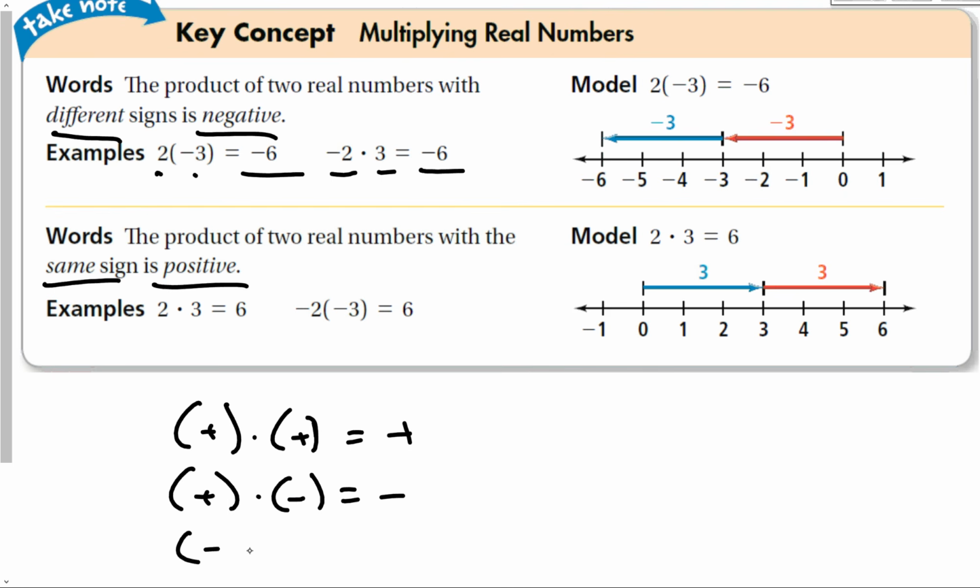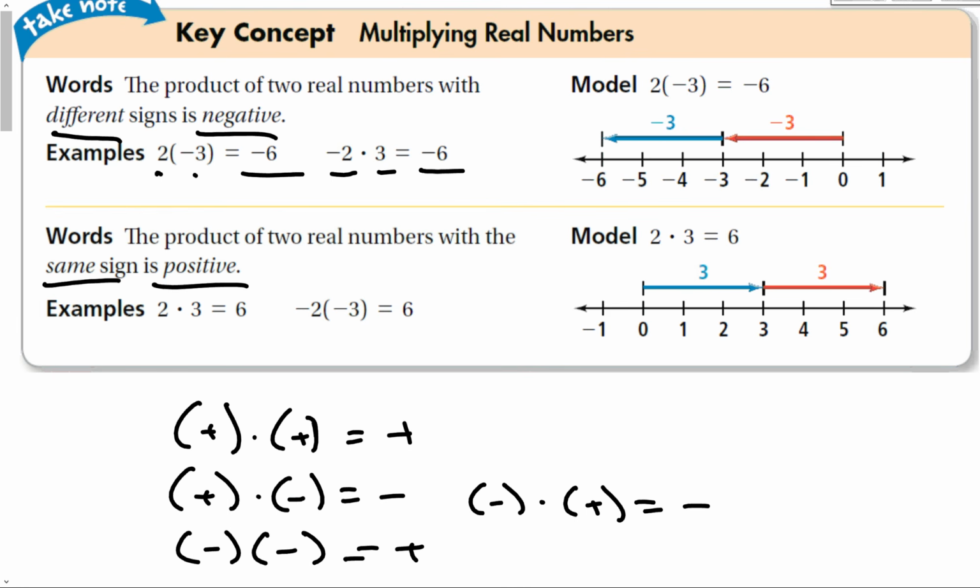And if we have a negative times a negative, that is going to be a positive. And of course, we can always flip this middle one around to be a negative times a positive is also going to give us a negative. So same signs, when I multiply them together, I get a positive. Different signs, when I multiply them together, I get a negative.